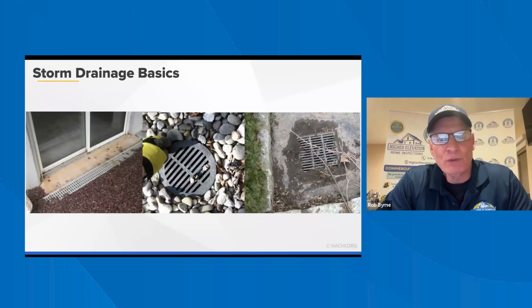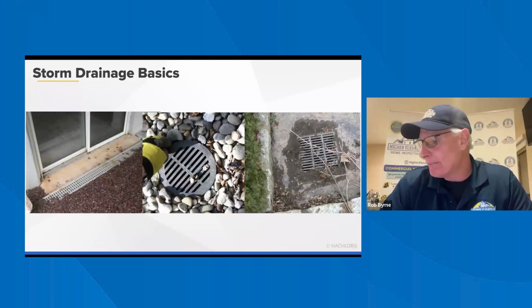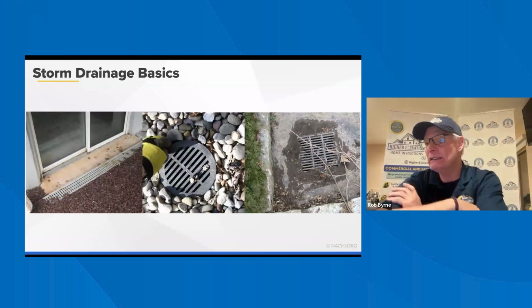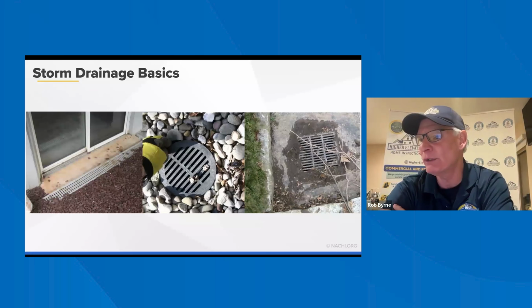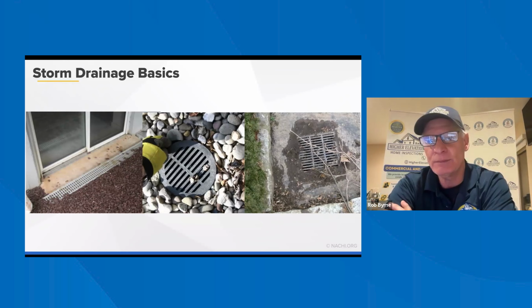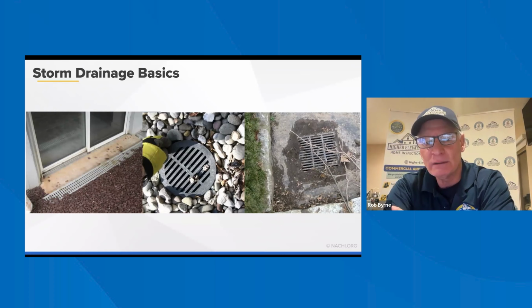Okay, so storm drain basics. Same thing here. Storm drains is the system of collecting and transporting away from the dwelling the rainwater, groundwater, and stormwater, which are typically associated with rainwater. So when you see this, you always put a comment in the report, keep exterior drains free of debris, because you never want this to clog up.